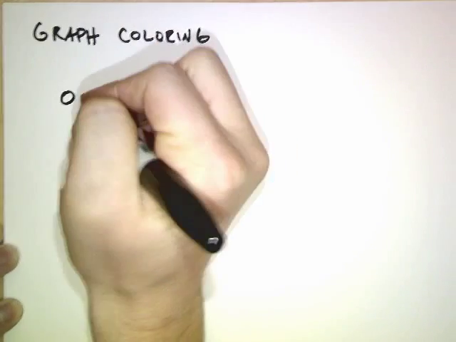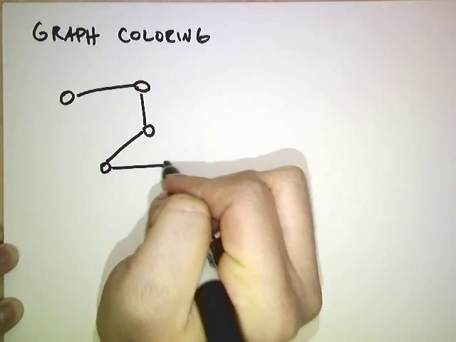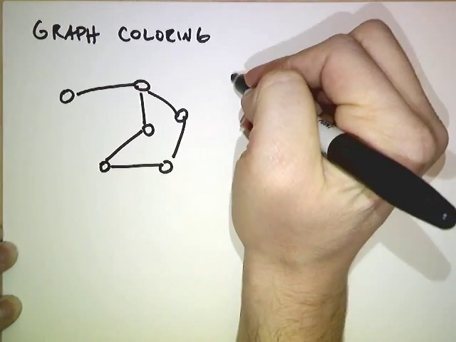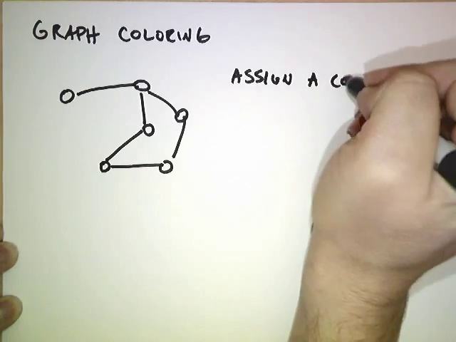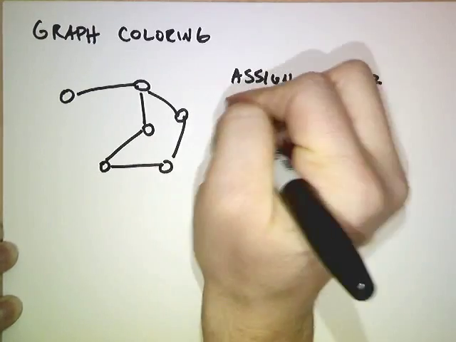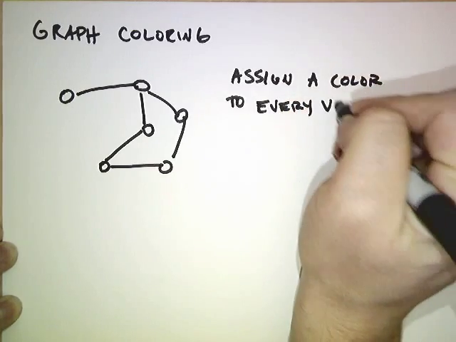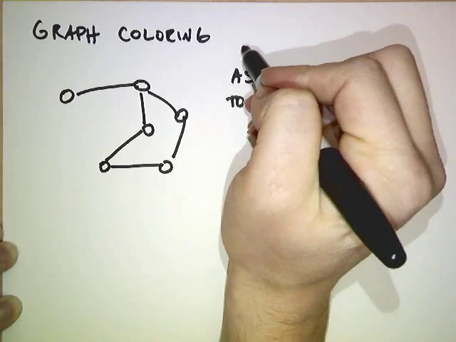So you're given a graph, and you would like to assign a color to every vertex. This is called a coloring.